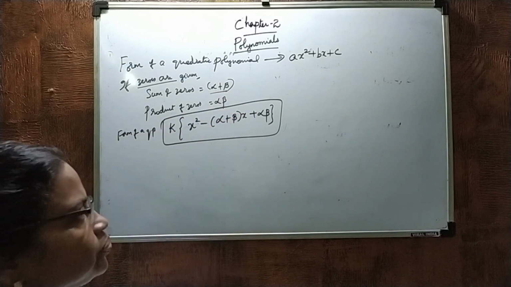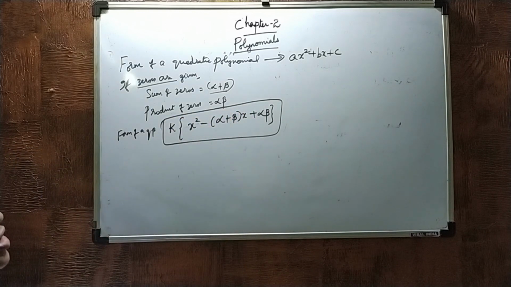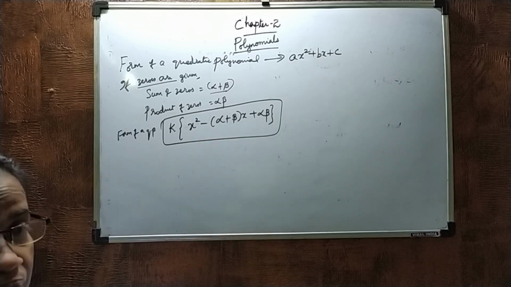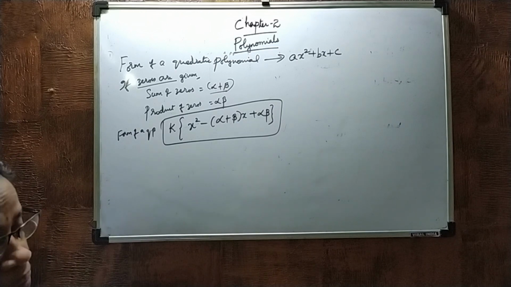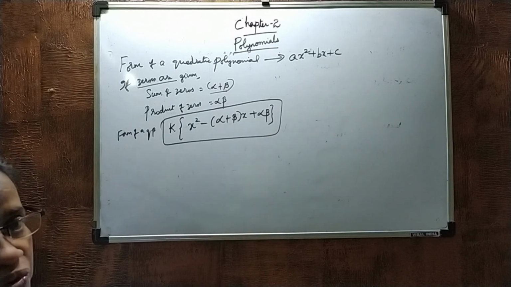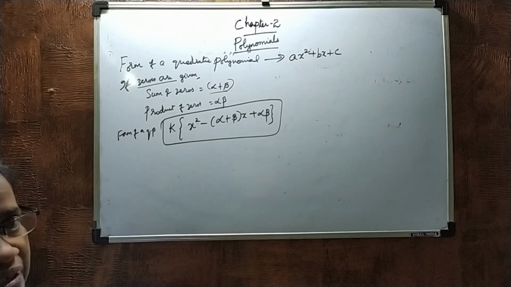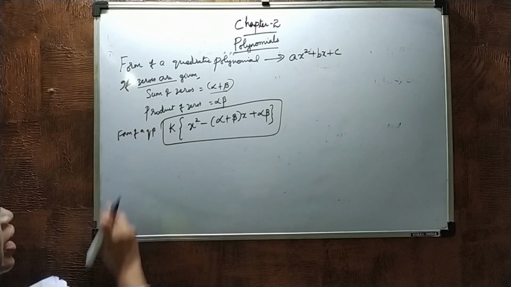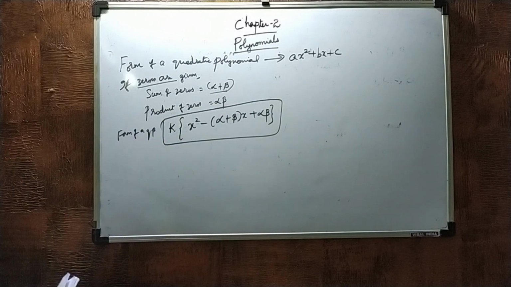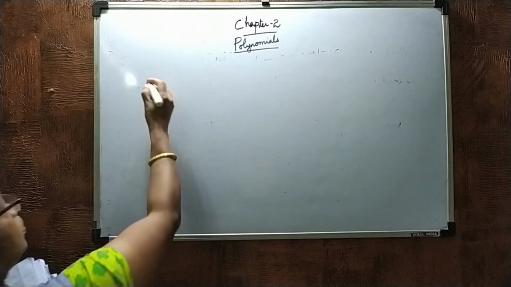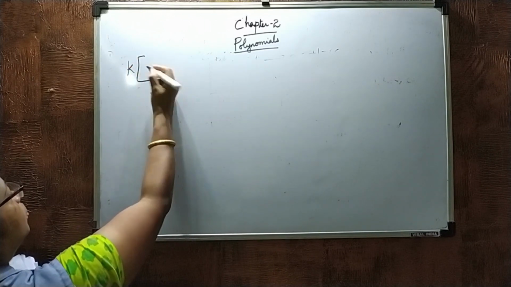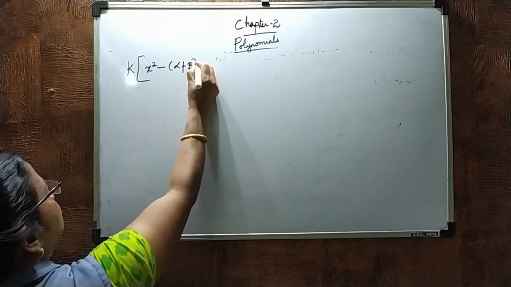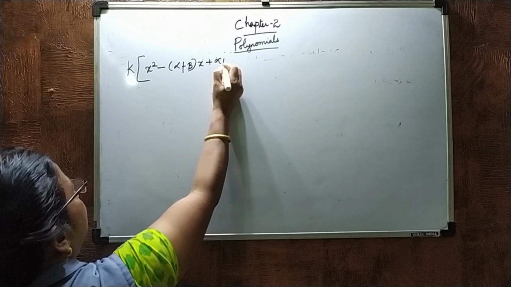You should learn this. Suppose they give the sum of the zeros, sometimes a fraction, sometimes a number, and the product also. You have to write it like this: find the form of the quadratic polynomial. So the form is k into x square minus alpha plus beta into x plus alpha beta.